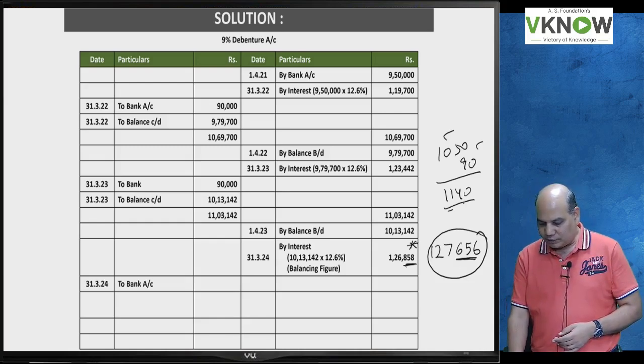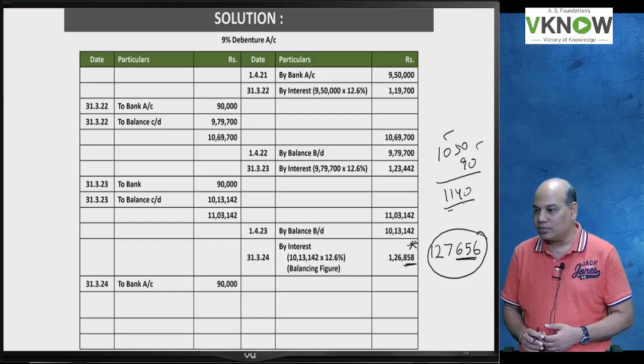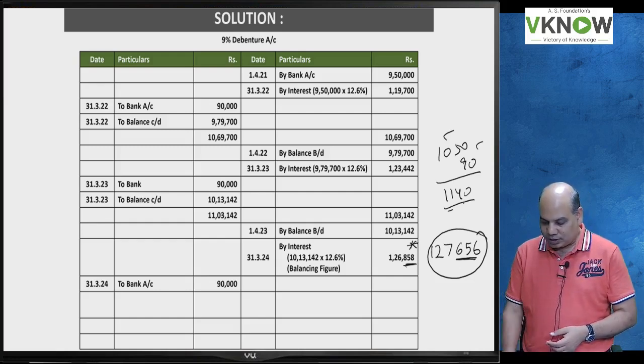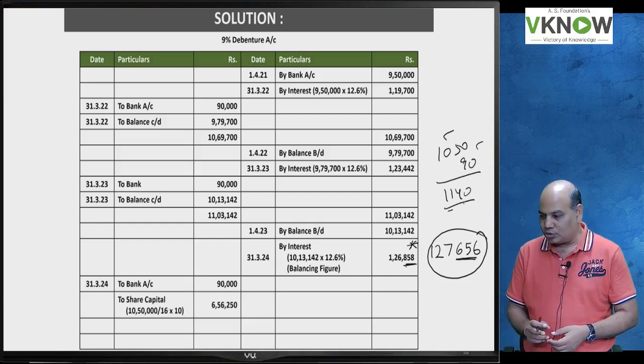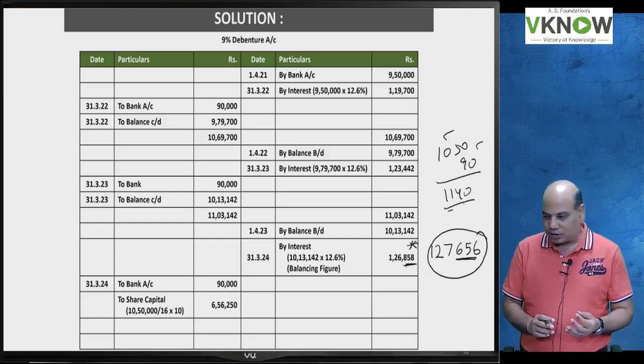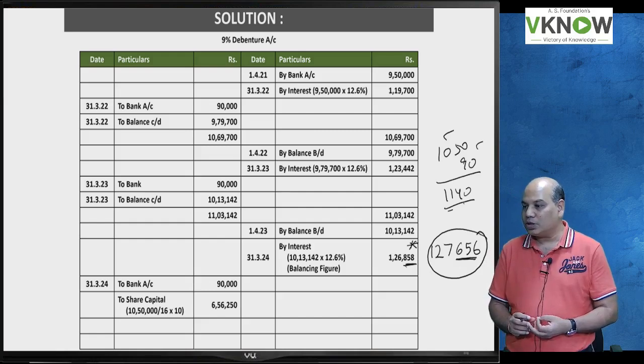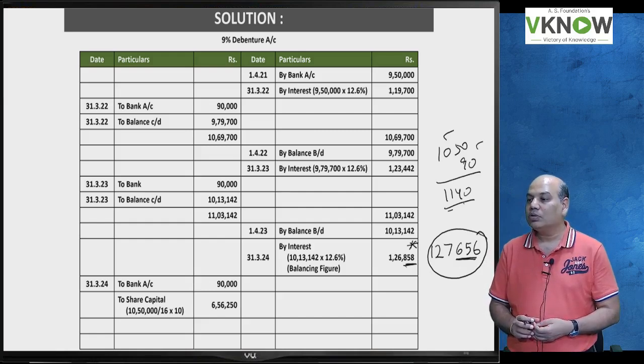And on the debit side, first you pay the interest to bank, coupon, we'll call it coupon. Pay the coupon 90,000. This is called coupon. Issue share capital. To share capital, take on calculator 10,50,000 divided by 16 rupees into 10 face value.